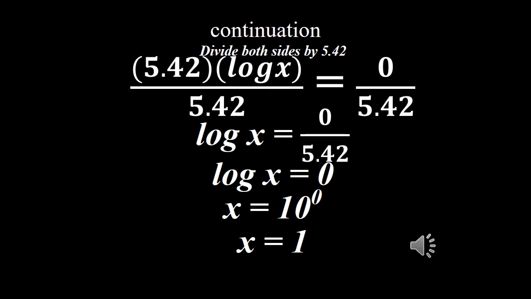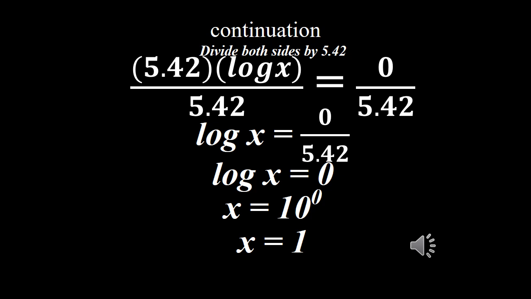Now if you divide both sides by 5.42, we have log x equals 0 divided by 5.42, which is the same thing as 0.